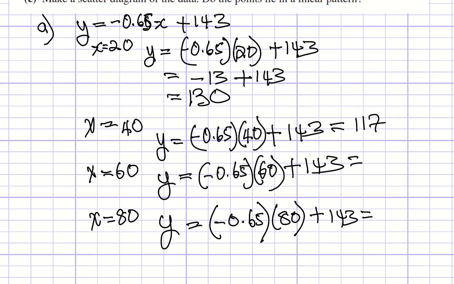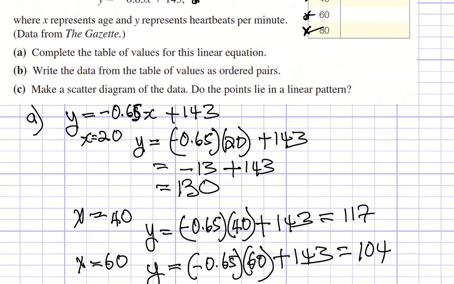You see that, right? This is 104. All right. Okay, so if you have 0.65 times 80, and you subtract that from 143, right? What do you get? You get 91. Okay, so it's decreasing.